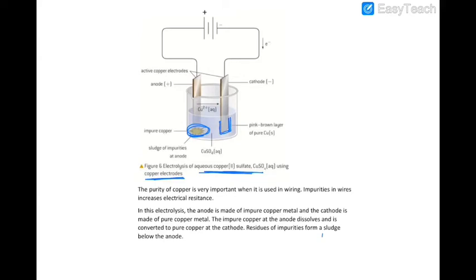Now in some situations we need to have pure copper, for example when you're using copper for wiring. So we use this method to remove impurities from copper.